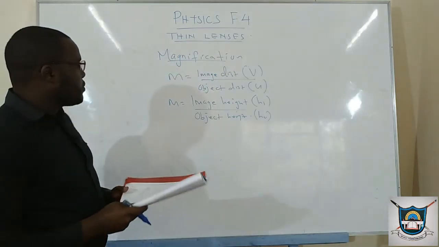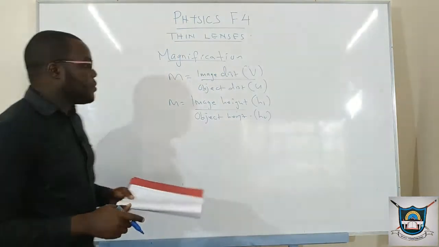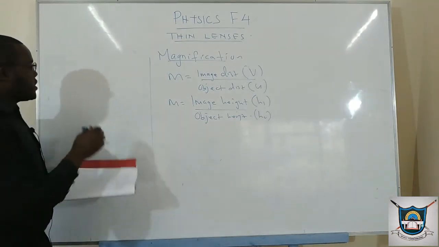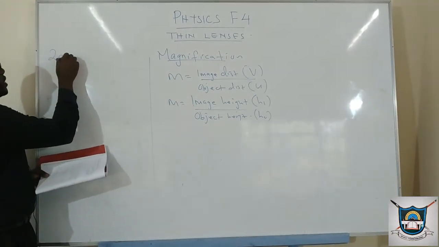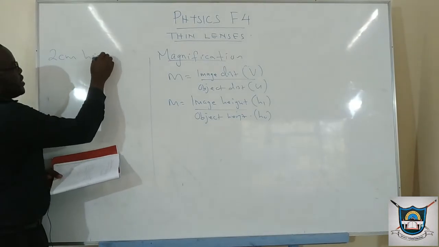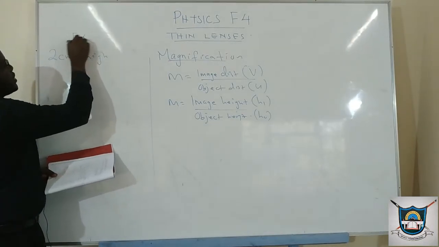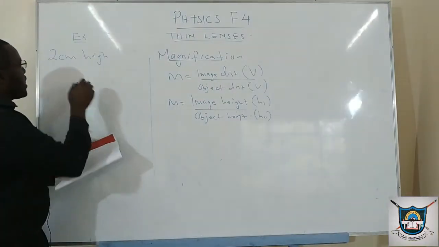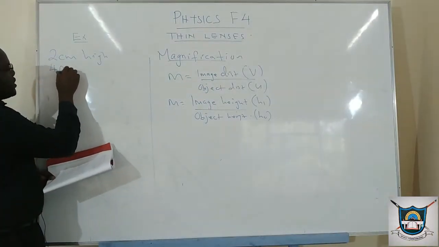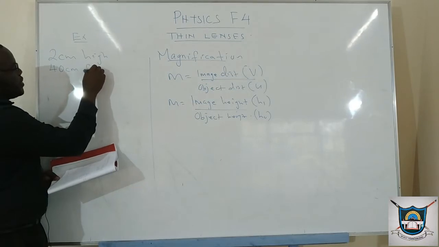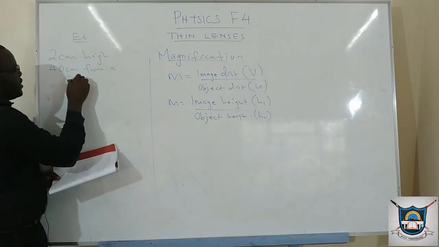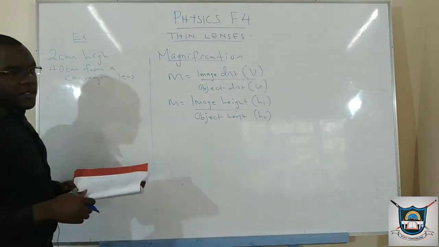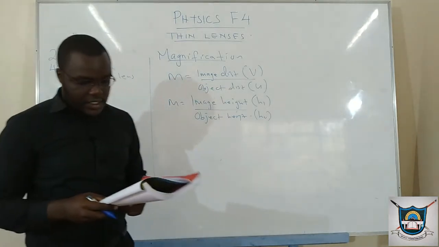So using those two formulas, I want us to try a small example where we are told that an object is 2 centimeters high. It is placed 40 centimeters from a converging lens.